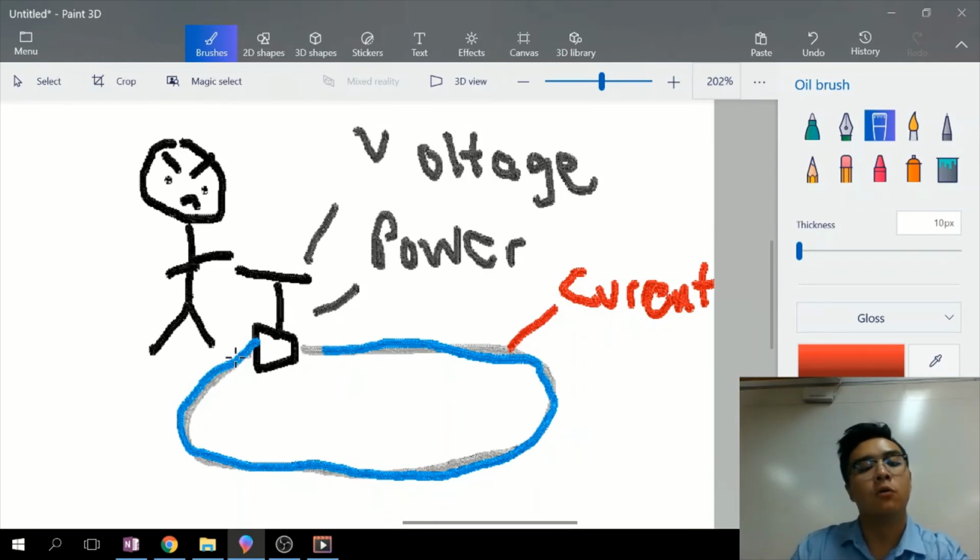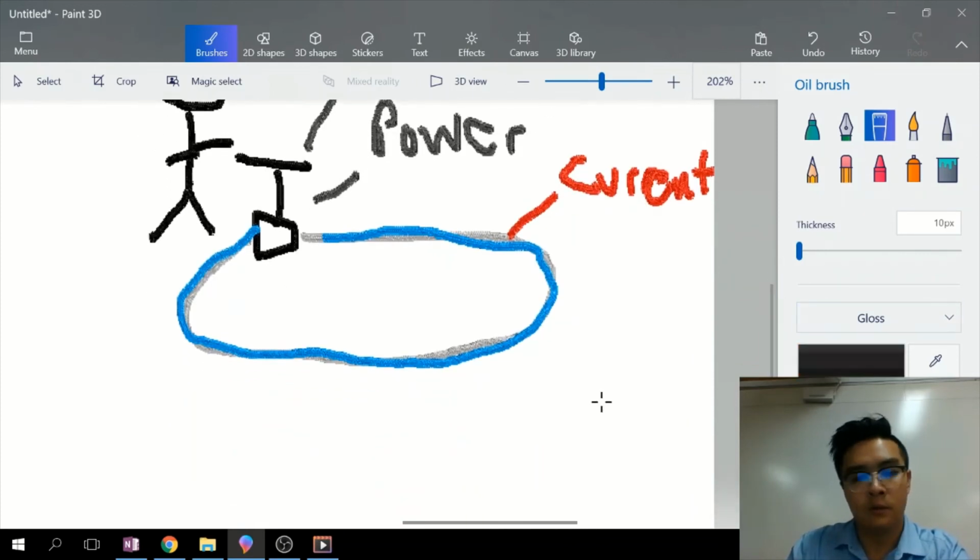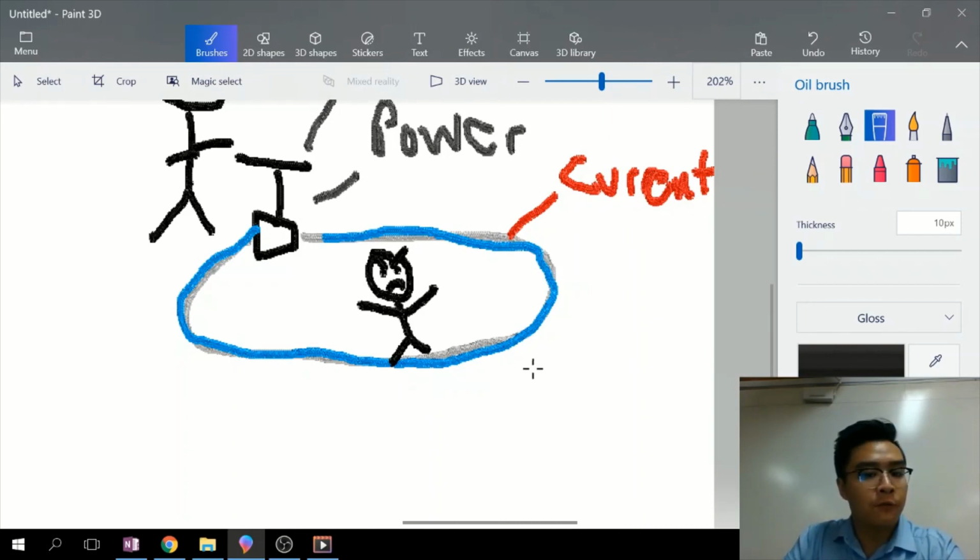Now, what's resistance? Last word, resistance. I'm going to draw another person here. This person is extra angry. He does not like science and he hates experiments. So he comes along and he steps on my hose. Now, if you step on a hose with water running through it, does water flow through the hose?